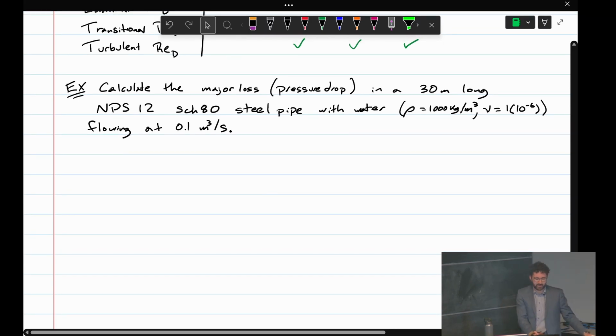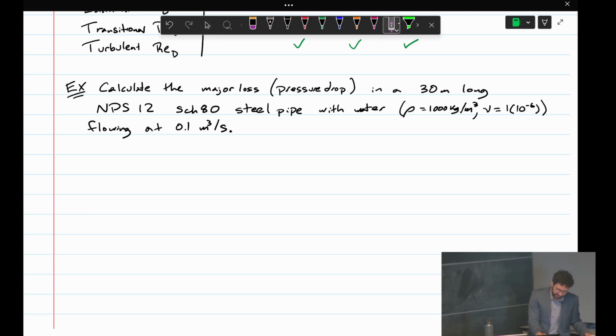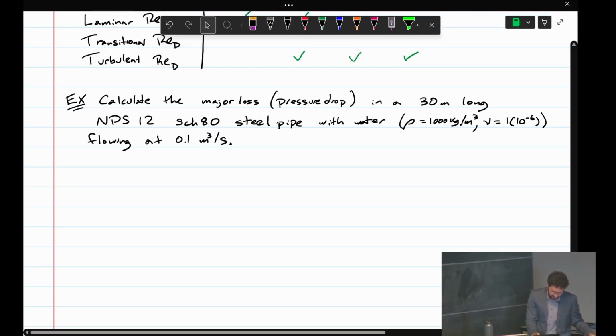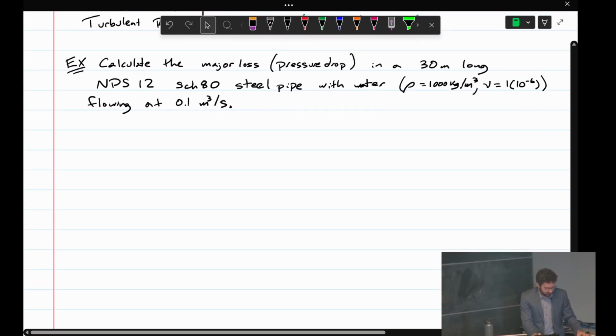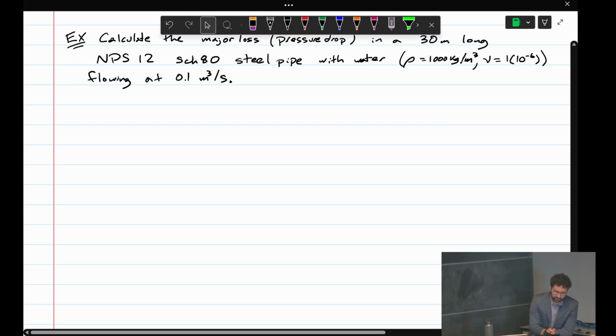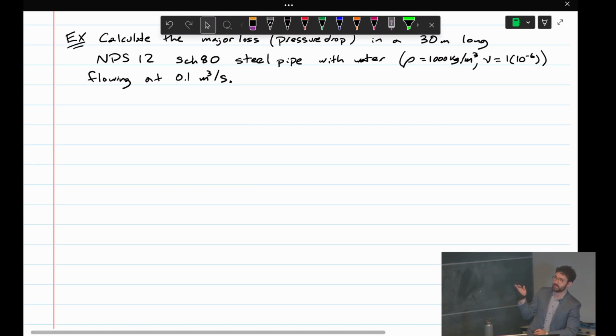So this is kind of motivated by what you're expected to do on your project and also the real world, where you're not given the internal diameter of the pipe, you're given, say, a standard pipe size and a wall thickness here. So I'll explain what those mean. This question is basically going to take the rest of the lecture because I'm going to do the friction factors different ways to show you how to use them all.